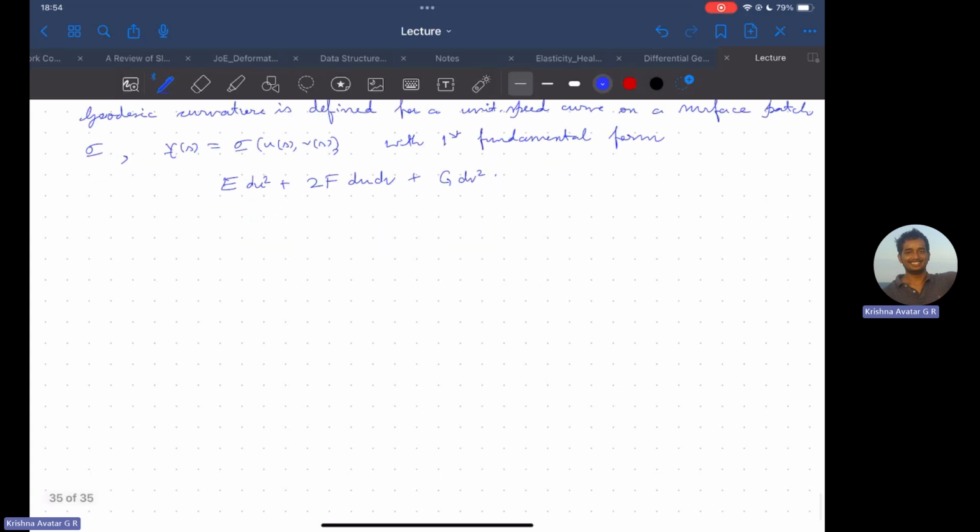For this case, the geodesic curvature is defined as v double dot u dot minus v dot u double dot times the square root of EG minus F squared, plus A u dot cubed plus B u dot squared v dot plus C u dot v dot squared plus D v dot cubed.